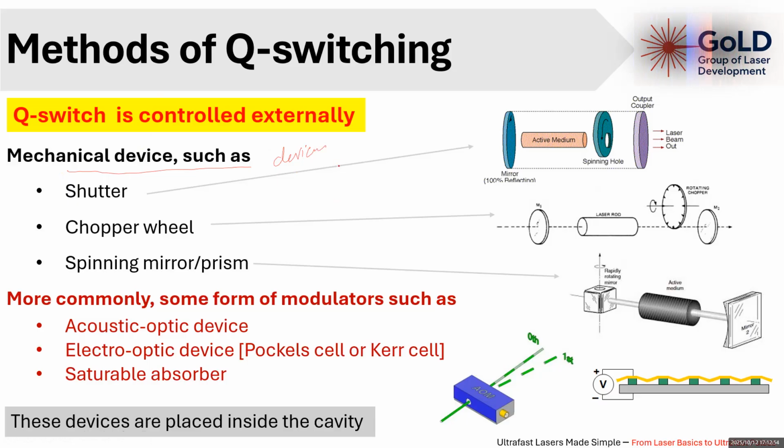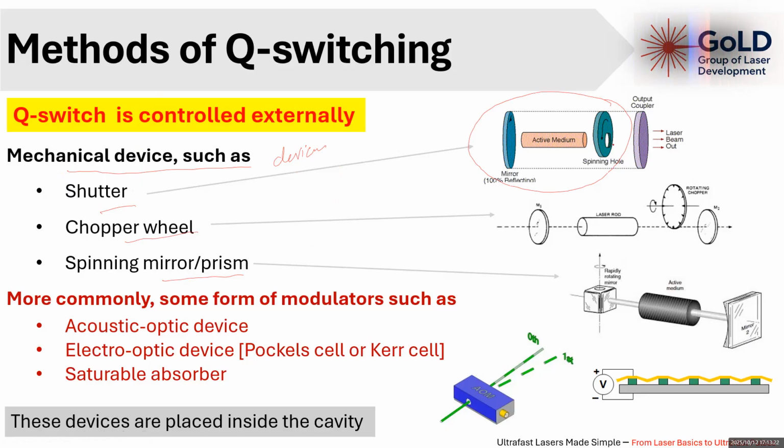Mechanical devices can be a shutter, a chopper wheel, or a spinning mirror or prism. The shutter is like this: you can see there is one hole and the disc is rotating.